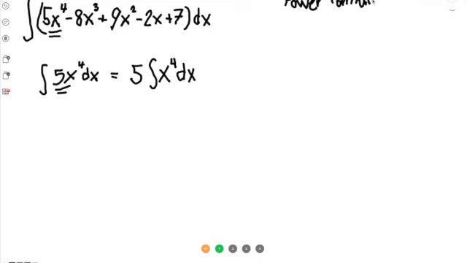Okay. So the power formula says the integral of u raised to a power n du would just be equal to that function u raised to n with the exponent increased by 1, divided by the same exponent increased by 1, plus the constant of integration.